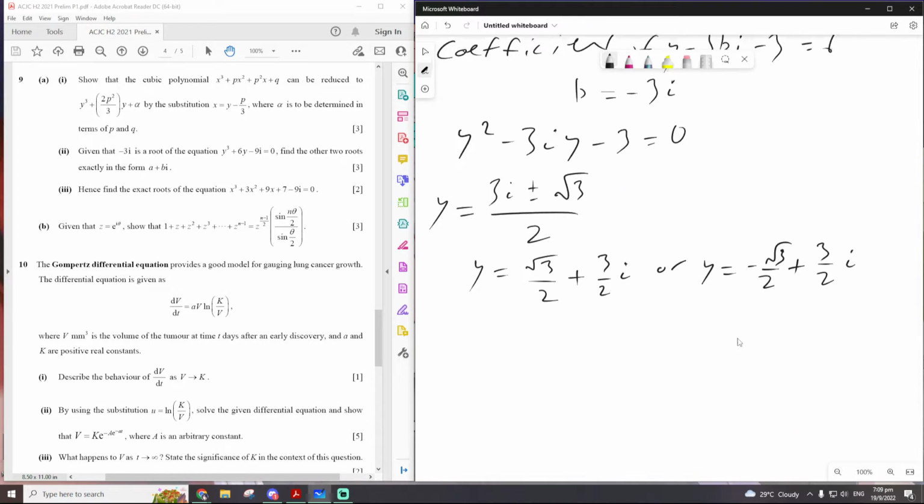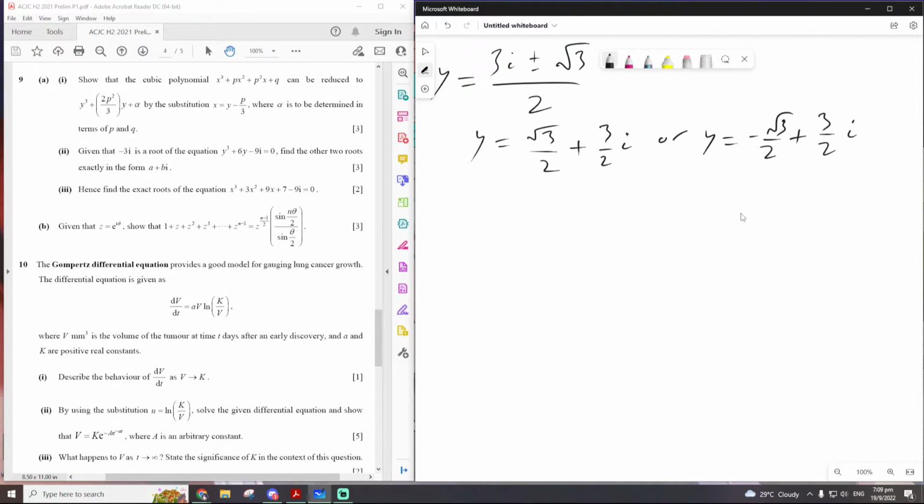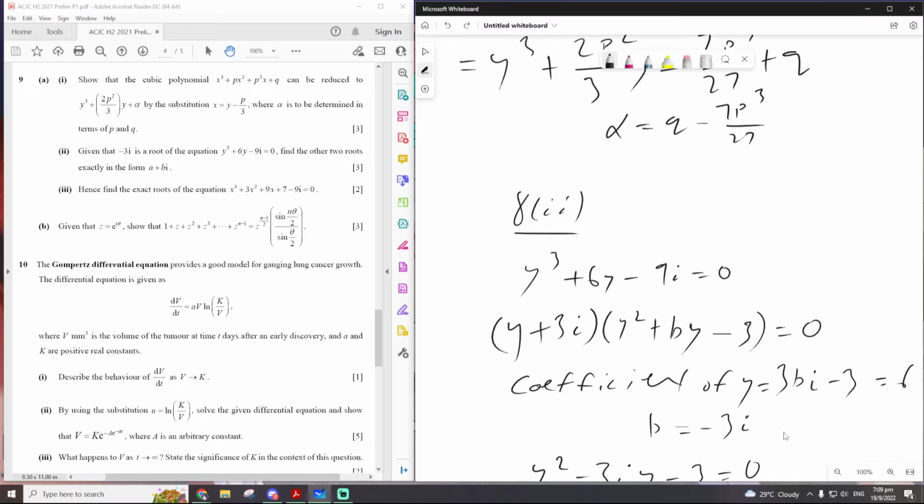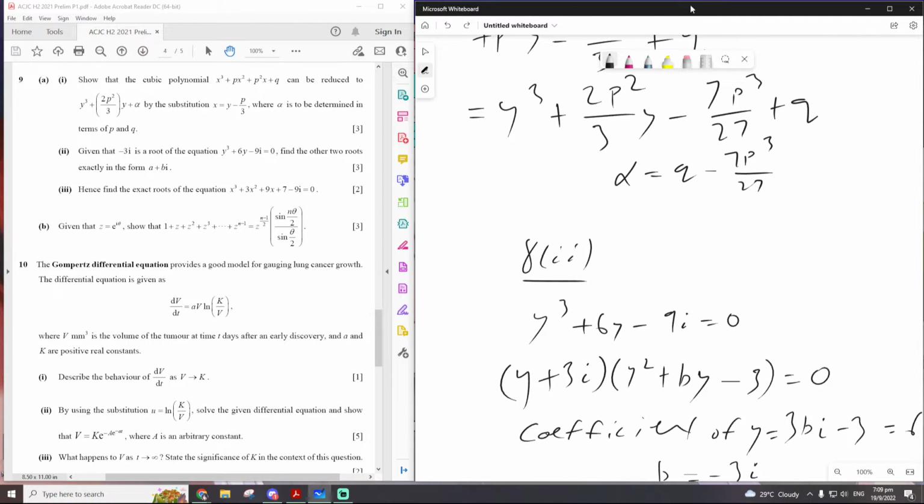Hence, find the exact roots of this equation. Why am I labeling this question 8? This is question 9. Okay.